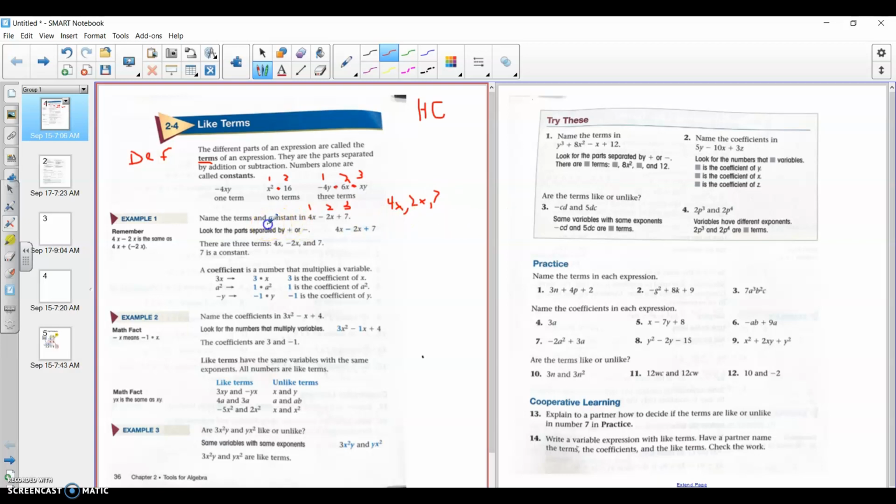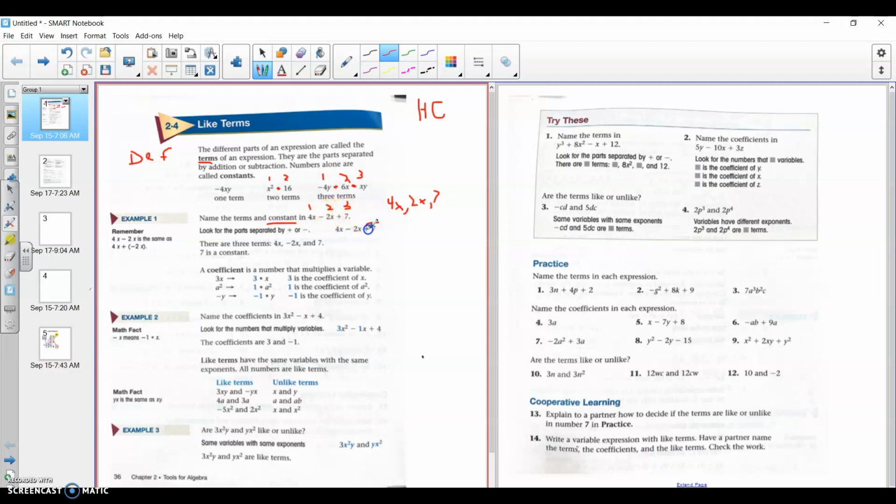However, it said, hey, what about the constant? Let's go back up here in our definitions part. The parts separated by addition and subtraction, numbers alone are constants. So numbers alone, well, here 4x, 4 is not alone. 2x, 2 is not alone. But look at the 7.